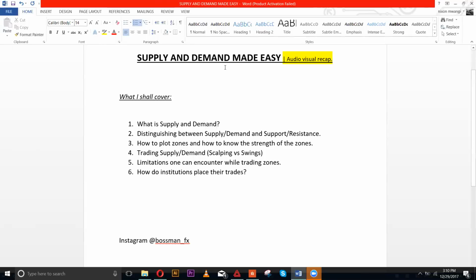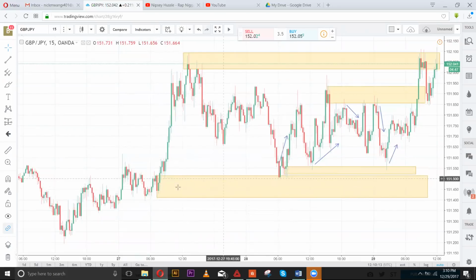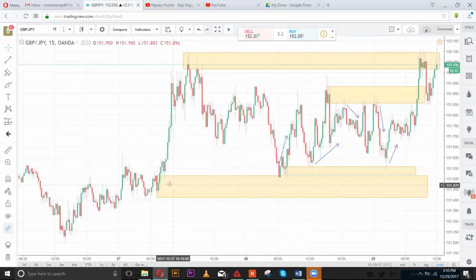Now if I go to a chart, this is the GJ, and you'll see that institutions have their buys here. Institutions don't place all their buys or sells at once. They'll place some, then once the market goes, they'll come back down, they'll push the market back down to complete all the other pending orders that were there.